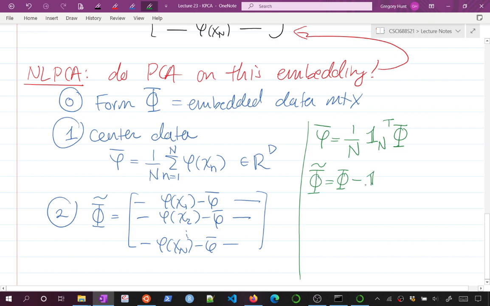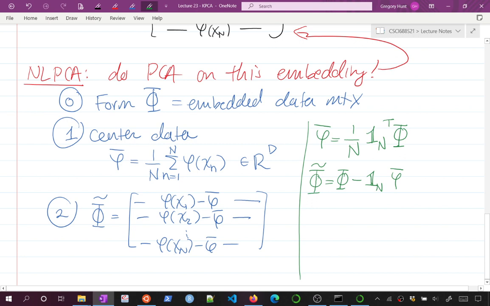I can do that by taking another one of those vectors with all ones and looking at the product between it and phi bar. Phi bar is basically a row vector, and this thing is another vector, and, I'm sorry, we want this thing to be a column vector, there we go.